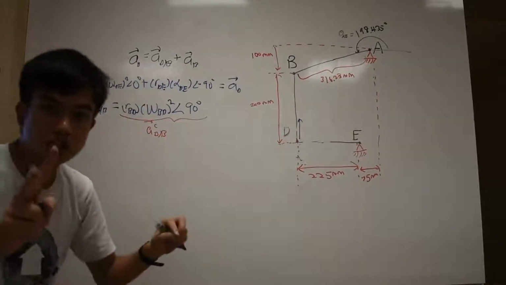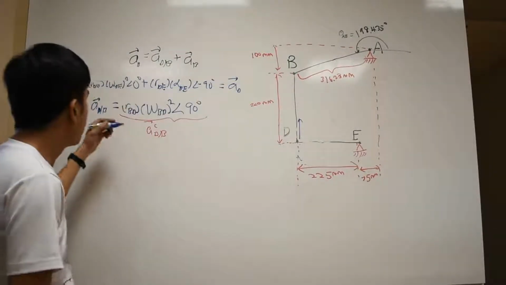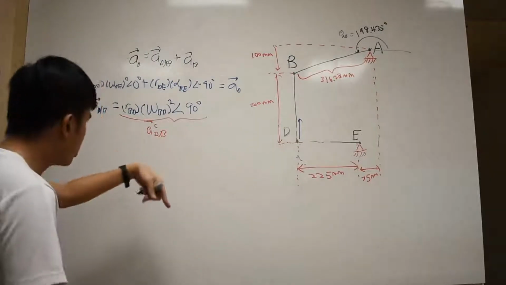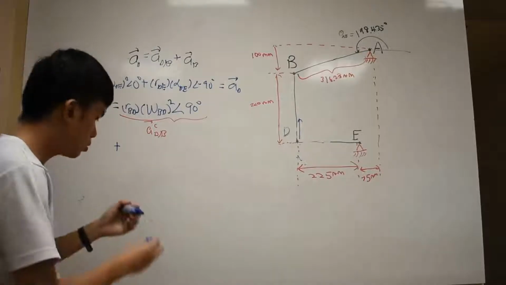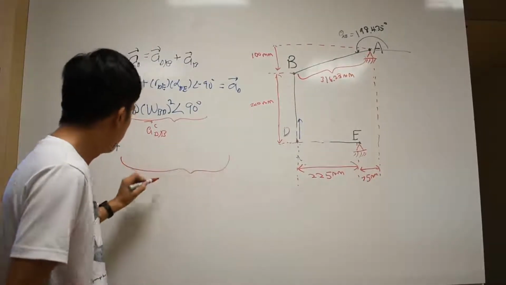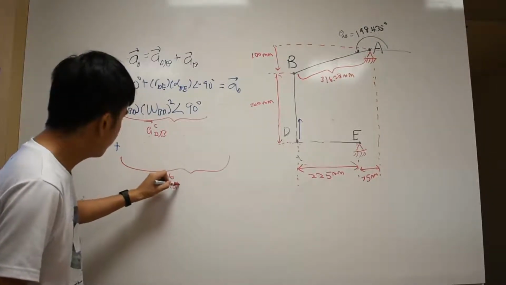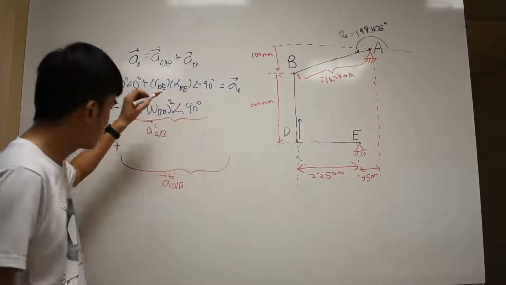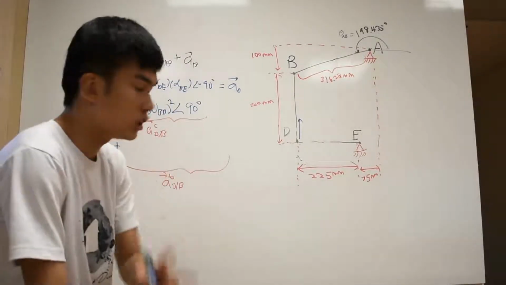Now, there are two components, right? This is the centripetal acceleration component. The second component is the tangential acceleration component. So we are trying to find another component, which denotes the tangential acceleration of D with respect to B. This tangential acceleration can only go in two directions.